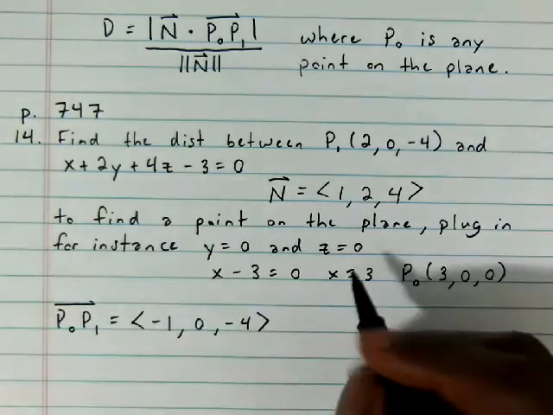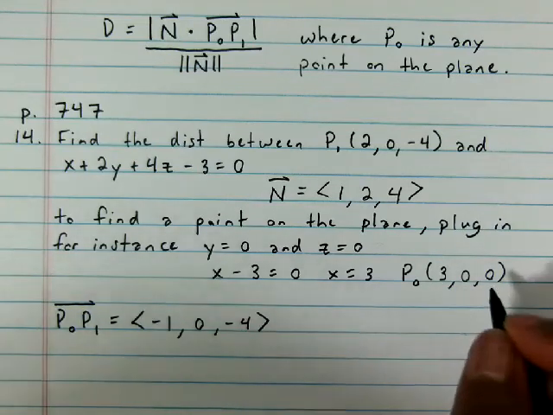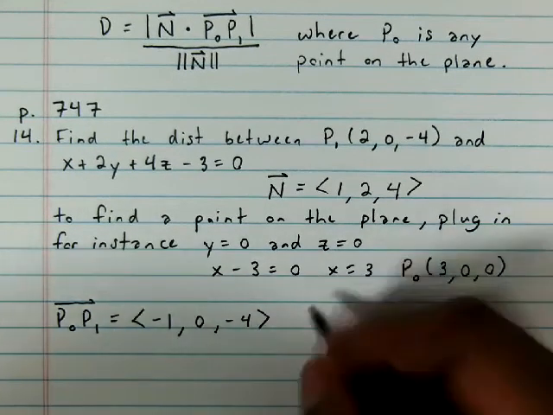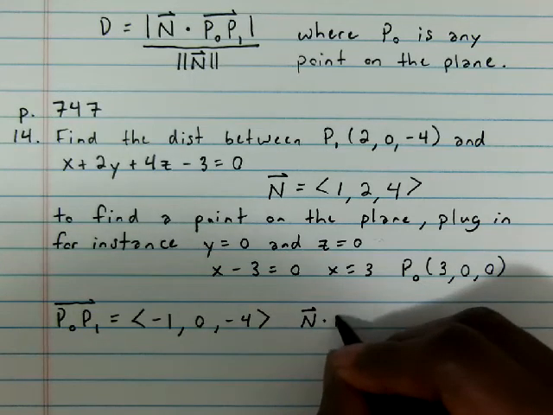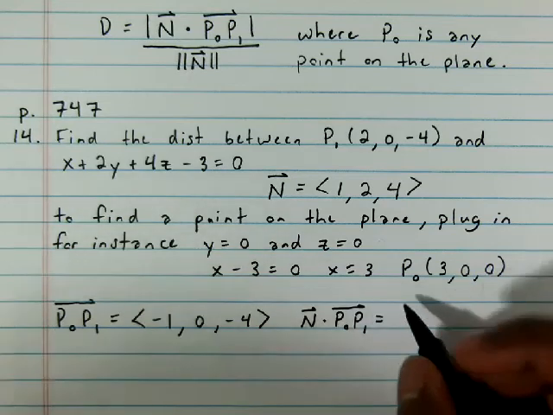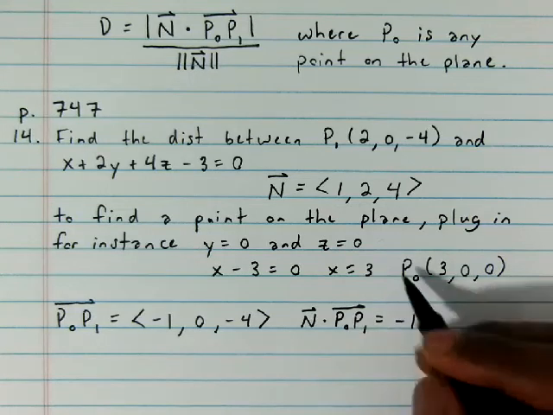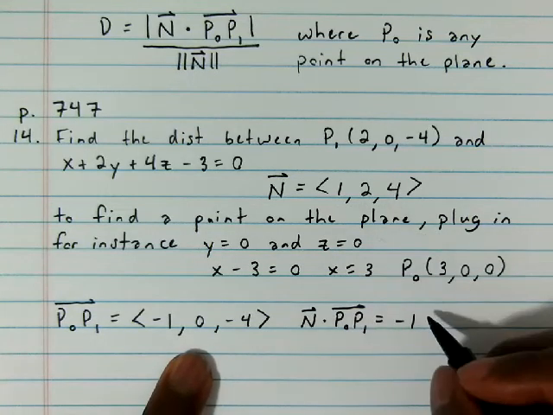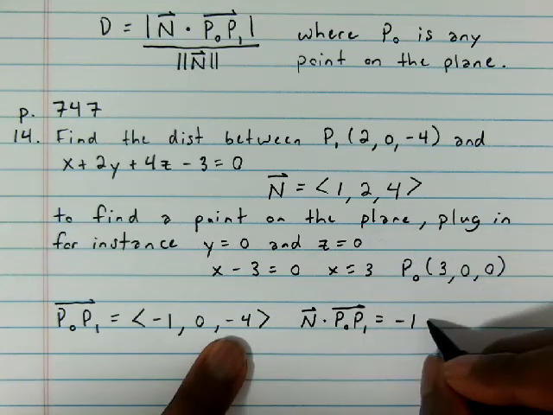And then I need to do n dotted with this vector. So n dotted with P naught to P1 is going to give us 1 times -1, which gives us -1, 2 times 0, which gives us 0, and then 4 times the -4 gives us -16.